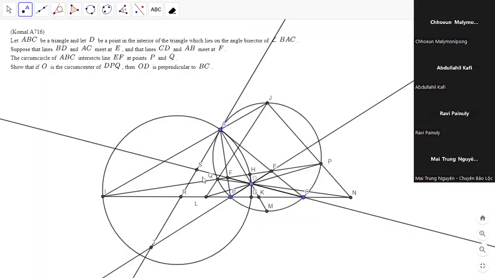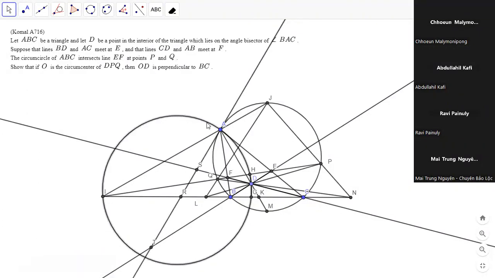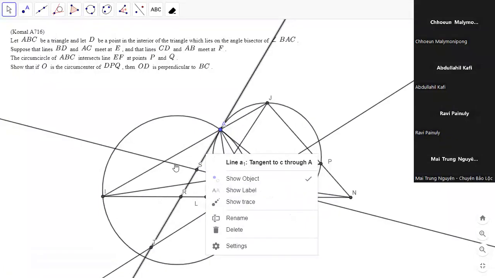No, cut the circumcircle of ABC. Oh, do you want the tangent to this circle at A? Sorry, let me check the chat. CD and BD, oh, we want to just see where they cut the circle. Oh, I thought you were asking whether I should draw the tangent.